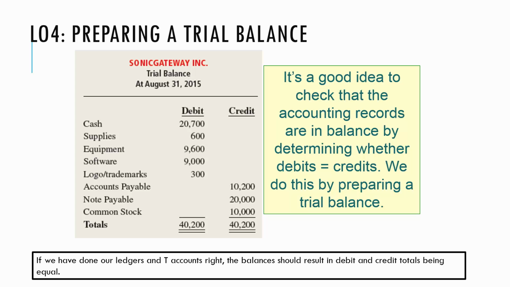A person who has worked in the accounting system throughout the month will see all the things going in and out of the accounts, and they'll say, I think those account balances look right, or they don't look right. For example, if we sold common stock and it was $10,000 worth, this would be something we would note. So when we prepare this, we're going to look at it and say, yes, I remember, that's right, we did have $10,000 from the common stock that we issued.